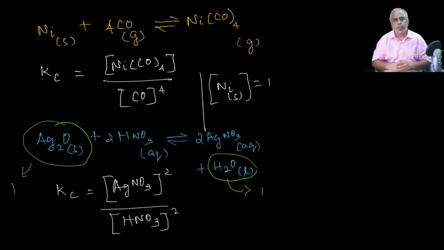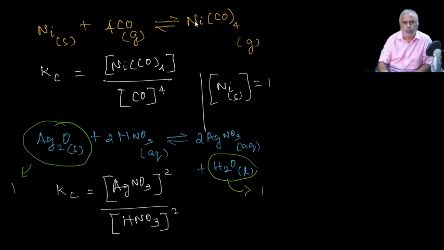Next, let us consider the formation of nickel carbonyl from the solid nickel and 4 moles of carbon monoxide gas. So let us work out the Kc for this. So nickel carbonyl and its concentration divided by CO power 4.